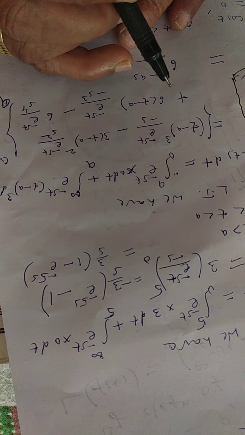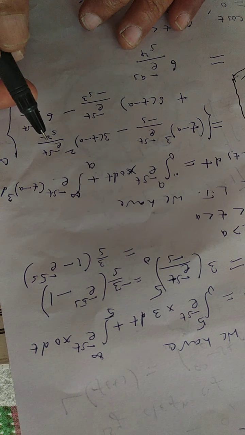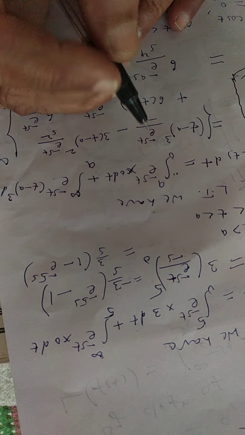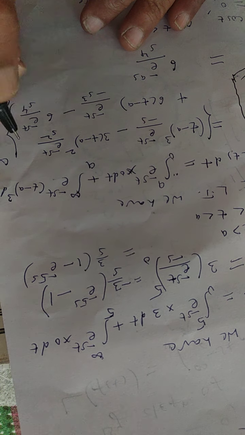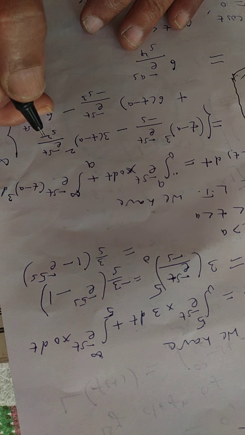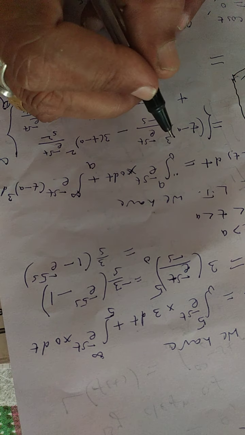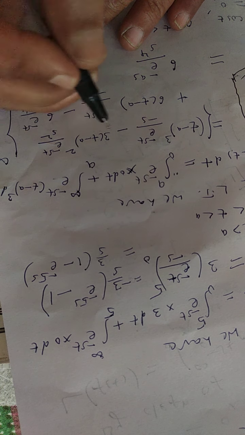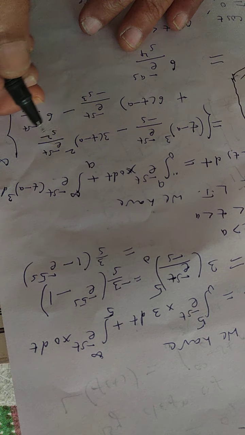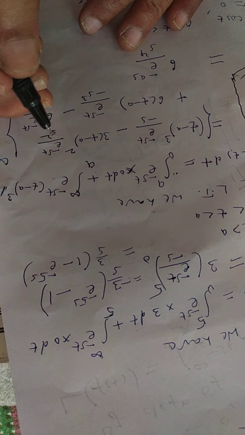Then plus, how this comes: integration of e raised to minus st by minus s is e raised to minus st by minus s into minus s, that is s square. Plus again the derivative of this, 6 into (t minus a), and integration of this e raised to minus st divided by s square.